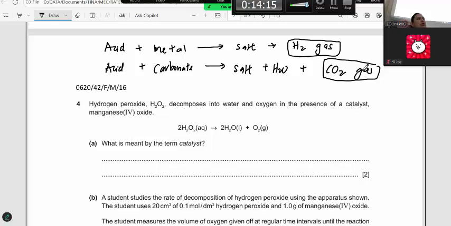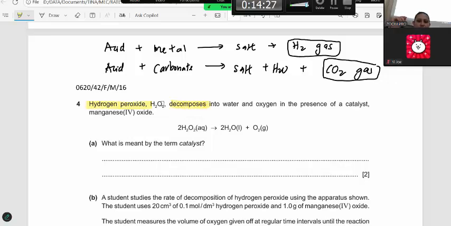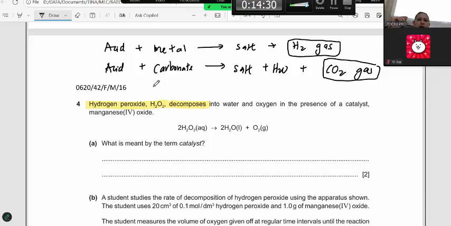So you can measure the volume of carbon dioxide gas produced. The third one is the decomposing of hydrogen peroxide. When hydrogen peroxide decomposes, it produces water, but it also produces oxygen gas.